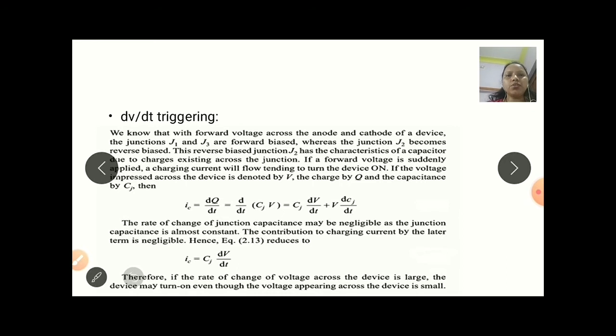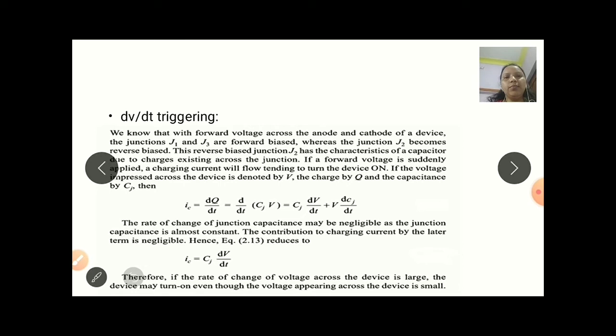This reverse biased junction J2 has characteristics similar to a capacitor. Why? Because of the charges existing across the junction J2. So if a forward voltage is suddenly applied, a charging current will flow, tending to turn on the device.